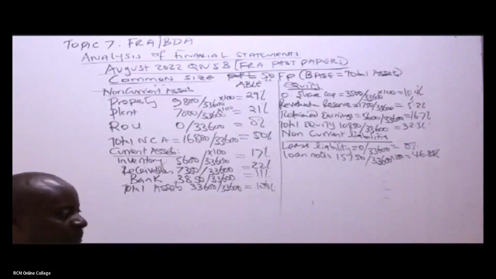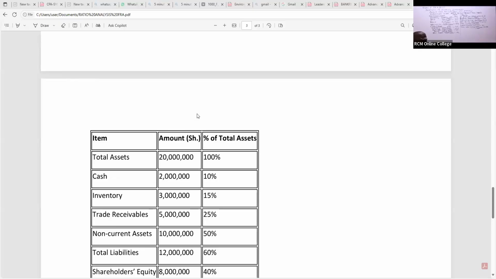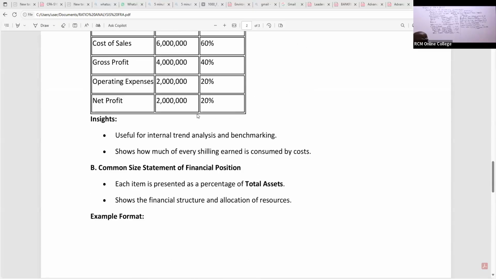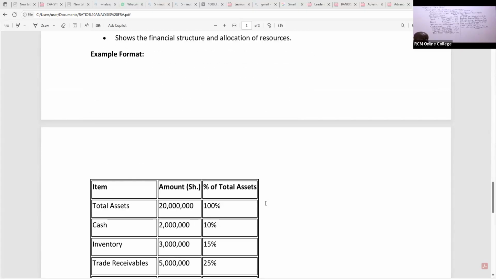If I just share back this handout, we said like this. We will give an example here. We said common size statement of financial position: each item is presented as a percentage of total assets. It shows the financial structure and allocation of resources.